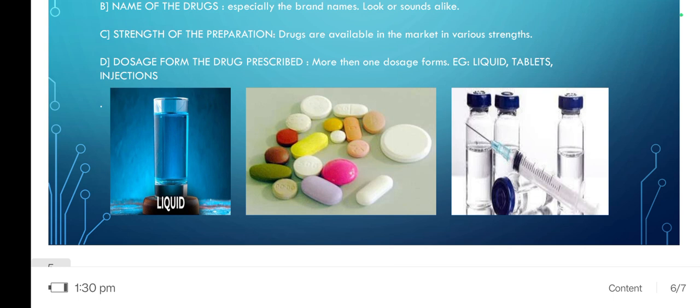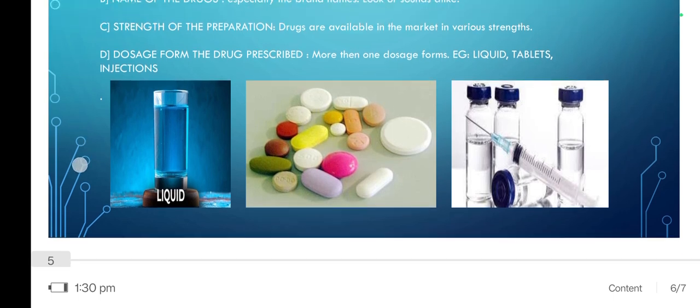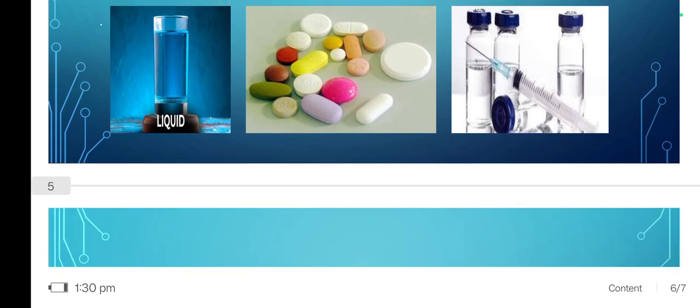Route of administration: tablets are oral dosage forms, injections are parenterals, intramuscular, intravenous, and subcutaneous, for example insulin. This is the dosage form of the drug prescribed.